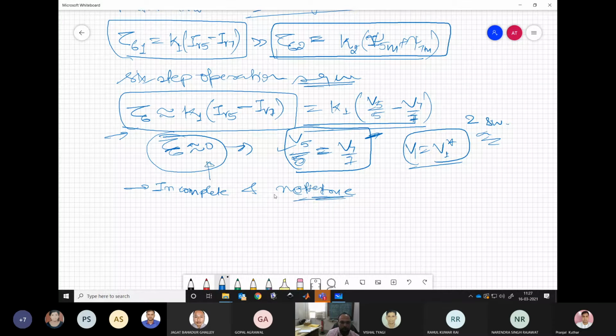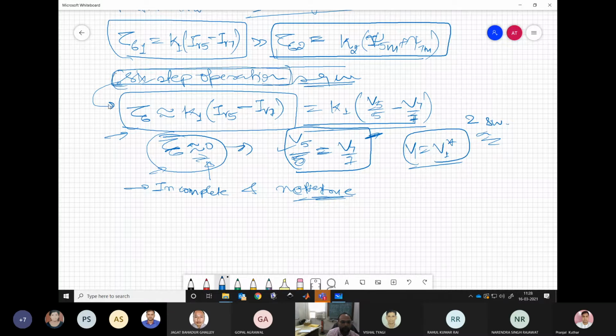Whatever we try to do, tau 6 may be close to 0, but not exactly 0, or not even significantly removed or reduced. The reason is the assumption made in the beginning: the analysis was done for 6-step operation.